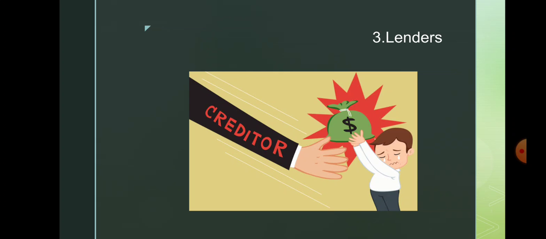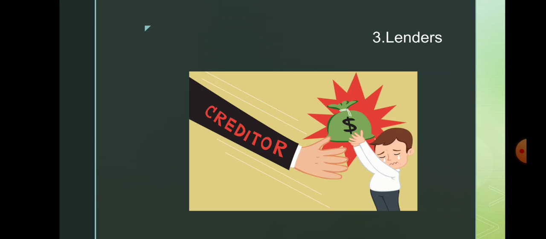They will also need to check the value of any security. For example, 1 crore rupees is being asked for by a company from a financial institution. Before lending that loan to that particular company, the bank will ask for security, of course, right?